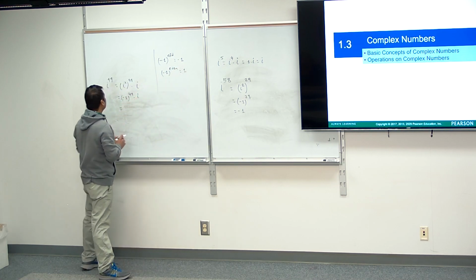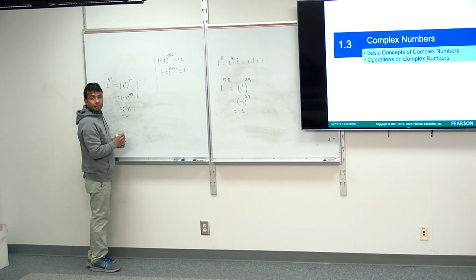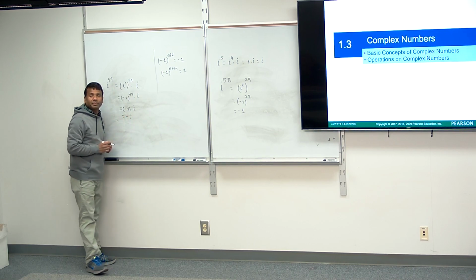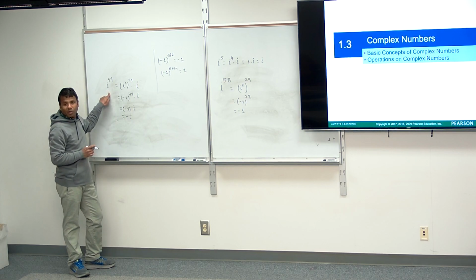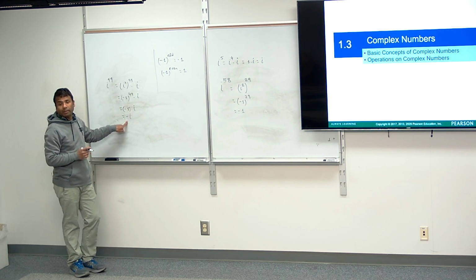So this is -1 times i, which is what? What is -1 times i? Negative i. See that? i to the power 99 is equal to -i. Right? Did that make sense here?